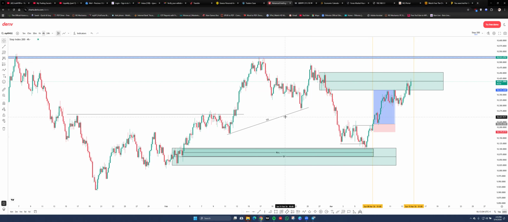Okay, so I've done that. I've written it down in my journal, so I get to look out for it on the next trades to come.